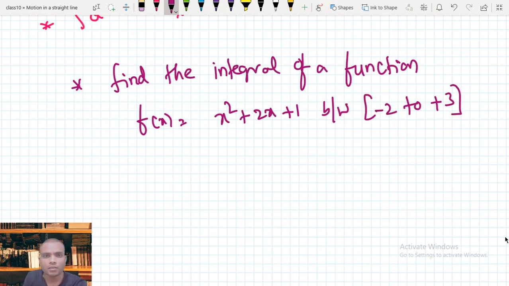So we need to find the integral for this given function.